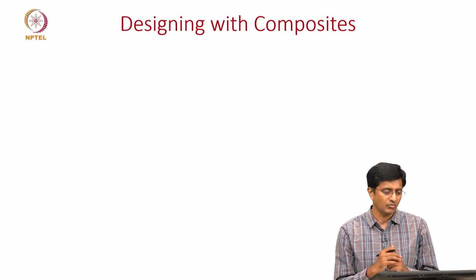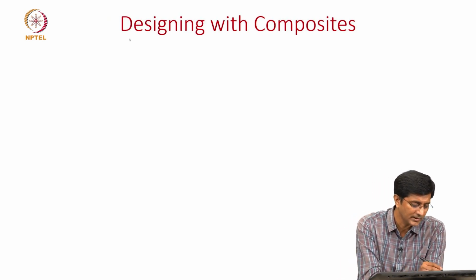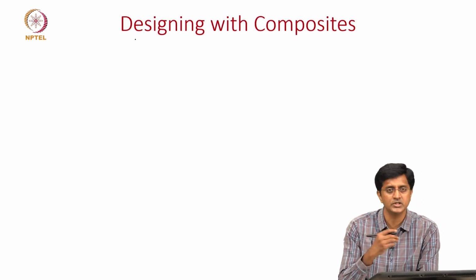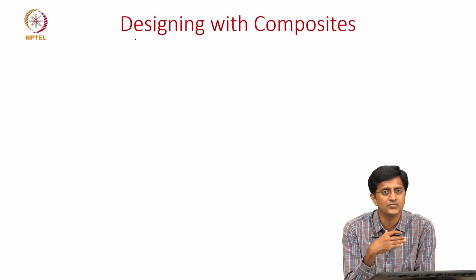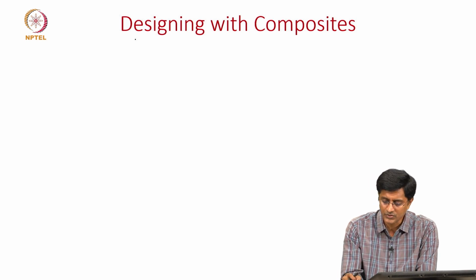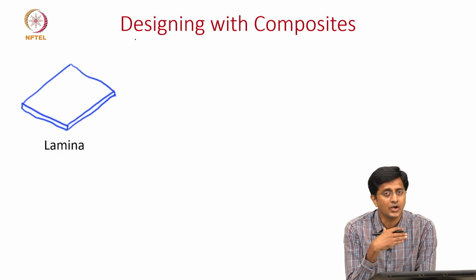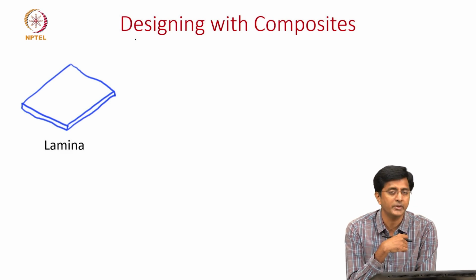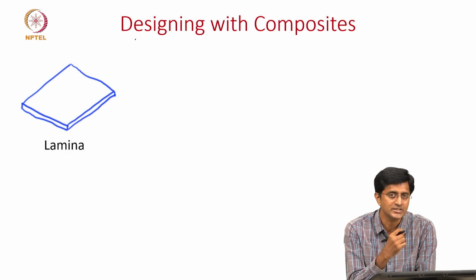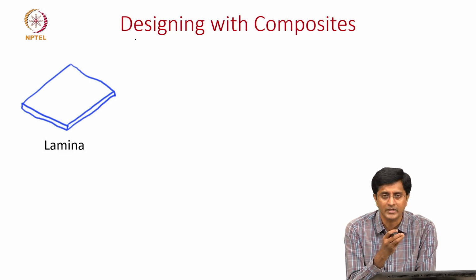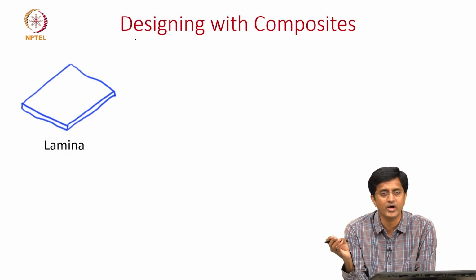Lastly, I also want to stress designing with composites, because this is where it is very different from designing with metals. So, let us start with a lamina. Now the question to be asked is, is there any design involved in picking a lamina? The answer is yes, because one can say they have picked a particular fiber and a particular matrix.